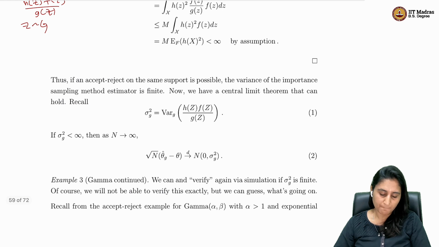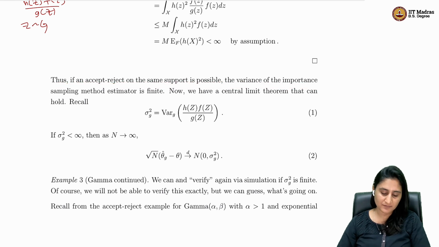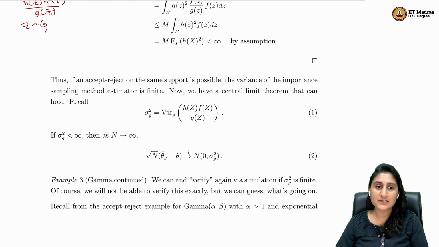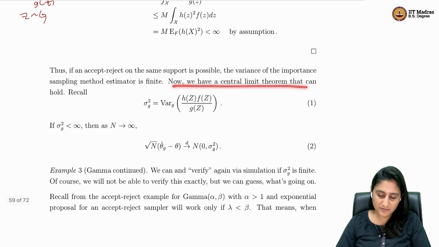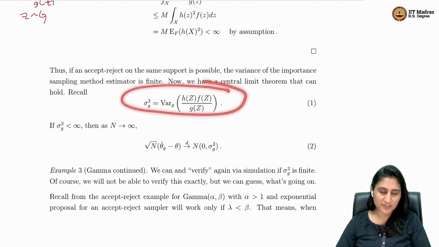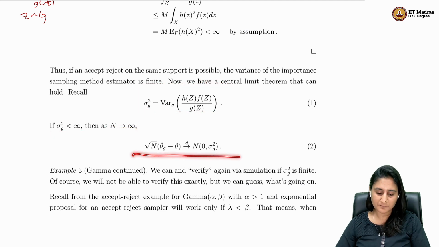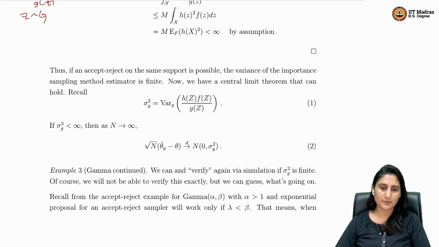All right. So again, if an accept-reject on the same support is possible, then the variance of the importance sampling estimator is finite. And now that we know the condition for it to be finite, we can say that a central limit theorem can hold. Again, recall this is my sigma squared g. So if sigma squared g is finite, then I get my CLT straight away.